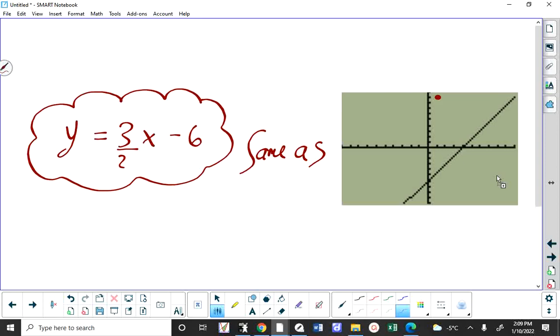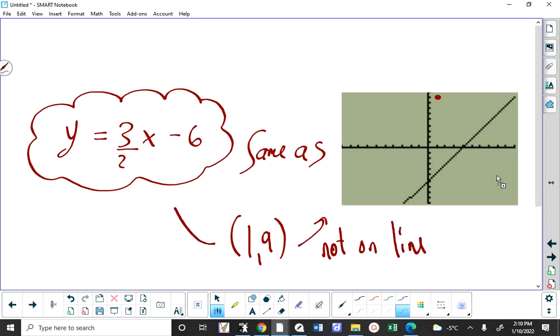Seamus. Perfect. It means that if I put 1 in for x and 9 in for y, I'll get a false statement. In other words, 1 comma 9 is not on the line, and 1 comma 9 does not satisfy the equation.